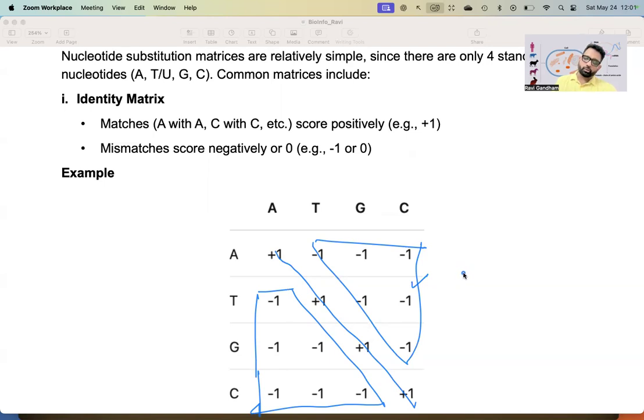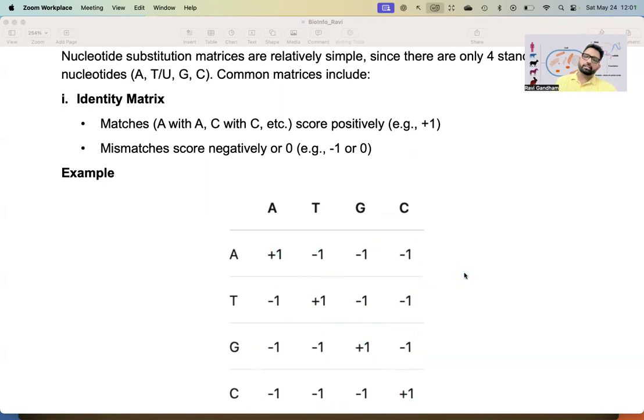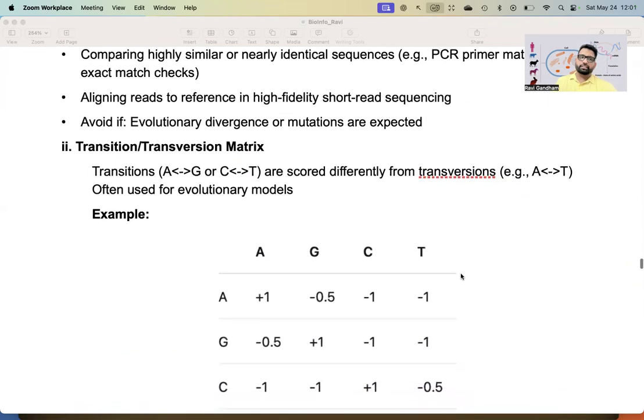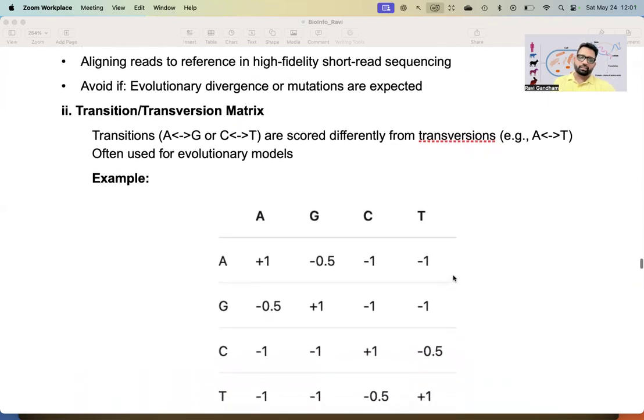Now, we'll go to the transition or transversion matrices. Transition is a substitution between the same group. For example, between purines: both of them are purines, and if the substitution is from A to G or from G to A, it is called a transition.